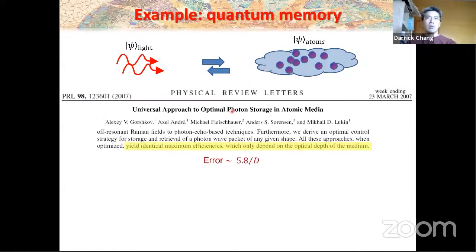There are a lot of different protocols you can implement to carry out this quantum memory. But there's a really elegant theory paper from 2007 that says that no matter what specific protocol you try to implement, if you really optimize it, you're going to get the same maximum efficiency in the end, which only depends on the optical depth of the medium. At least for large optical depths, that error was derived to be 5.8 divided by the optical depth.